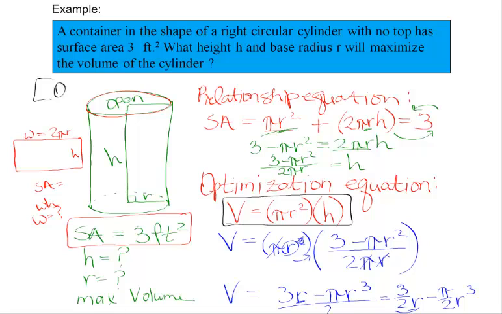No. I really, in the context of this problem, have an open interval. I don't know the largest r could be. It's constrained by the surface area. If I had no sides at all, if it was just flat, r could be 3.